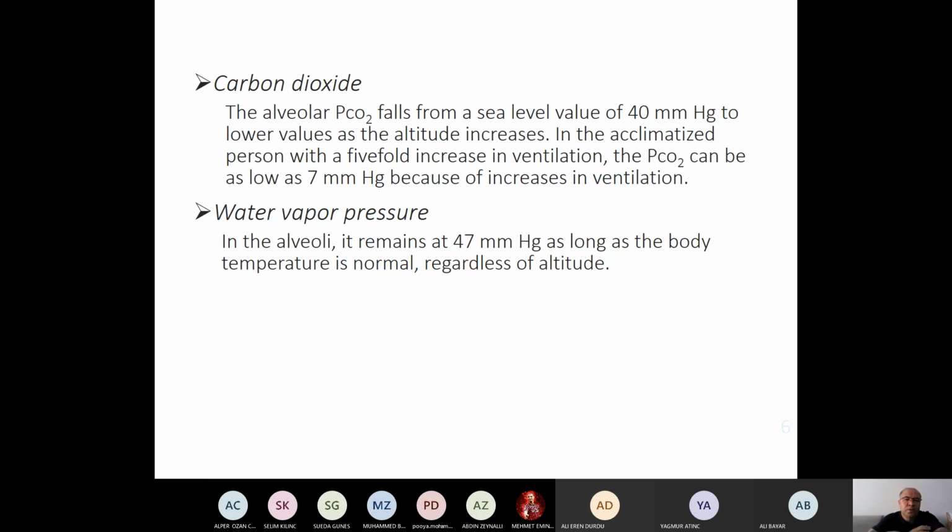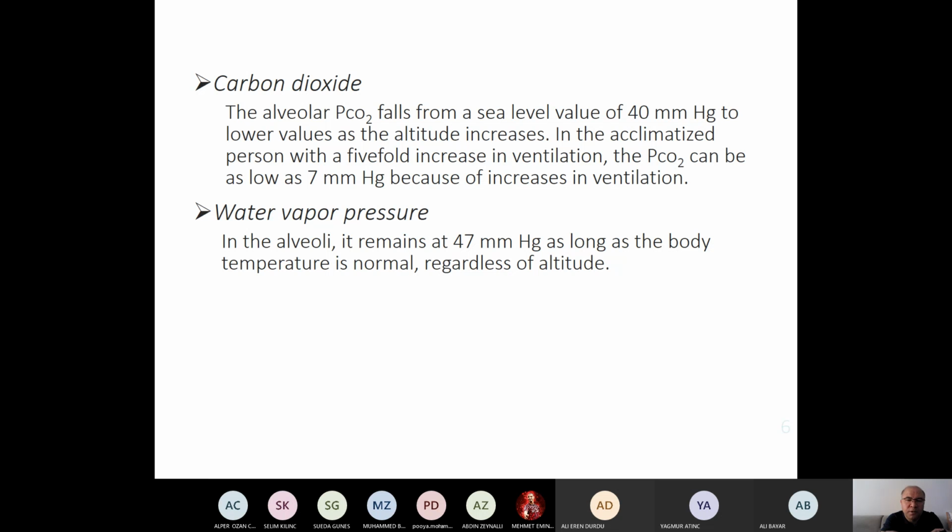In an acclimatized person with a 5-fold increase in ventilation, blood carbon dioxide concentration can be as low as 7 millimeter mercury because of increased ventilation.